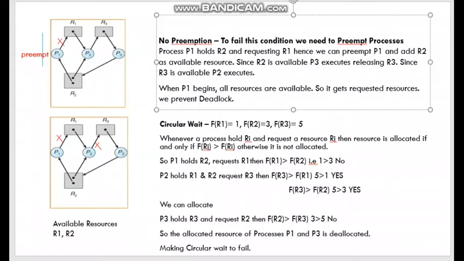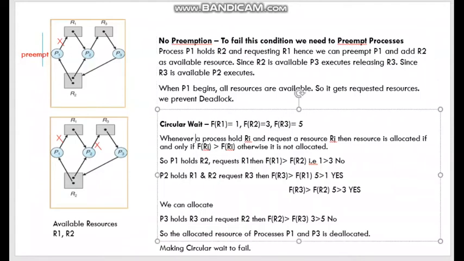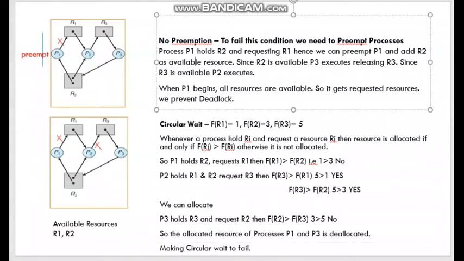We preempted P1 for a small amount of time, and when P1 comes back for execution, all the resources are available, so its requested resources are given and we can prevent deadlock. So if the first and second conditions cannot be dissatisfied, we can use this protocol where I dissatisfy no preemption.